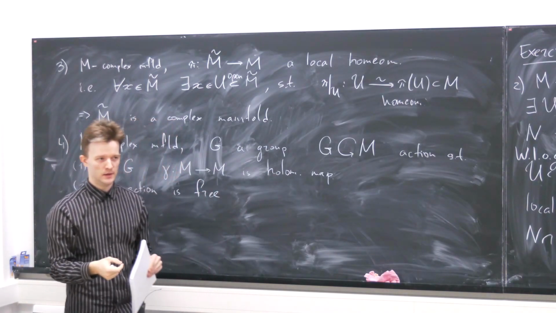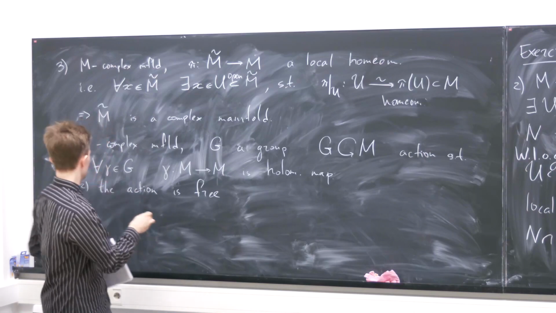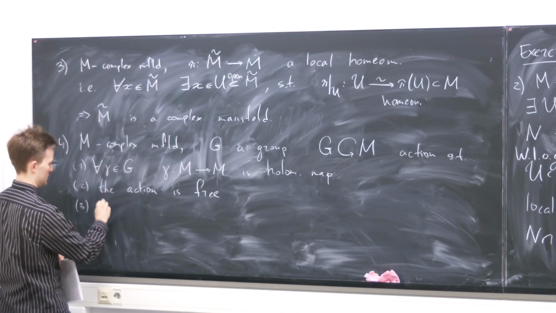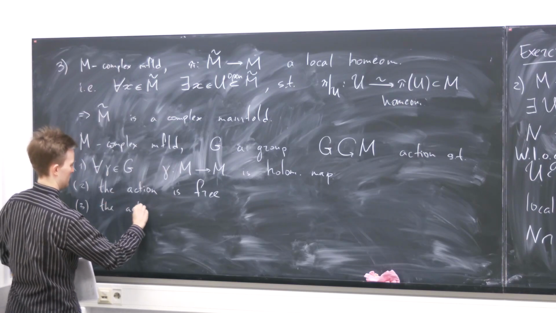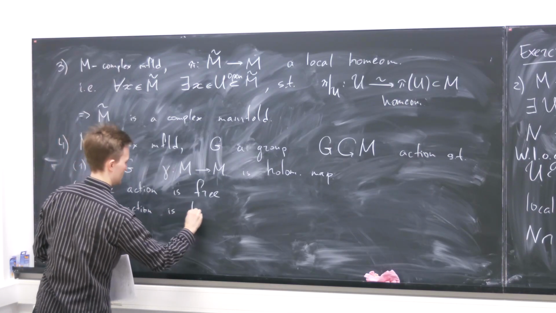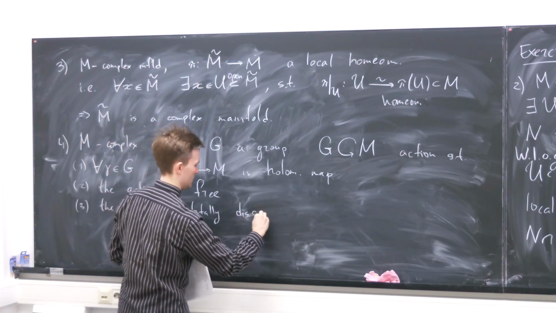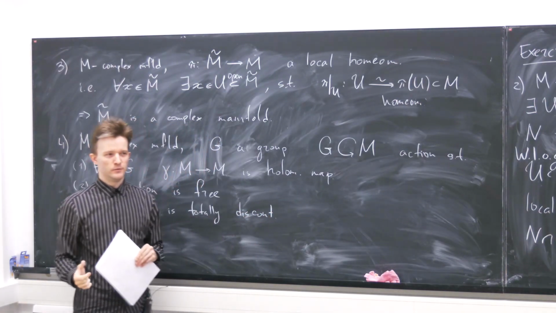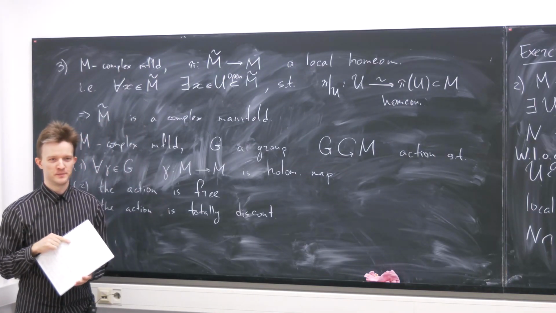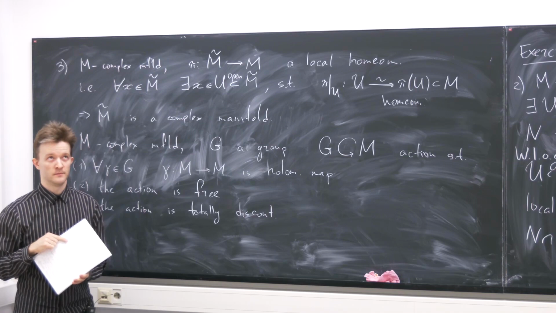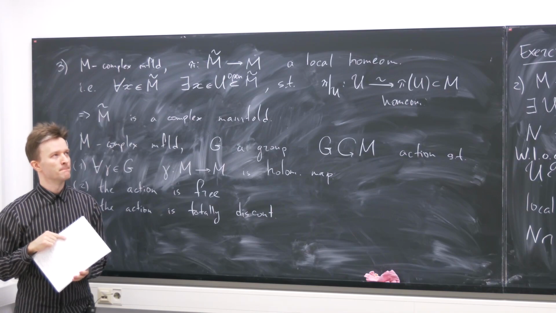Everybody knows what free means, right? And the action is totally discontinuous. So what does this mean? Each point has a neighborhood that is disjoint from all its images under the group action.